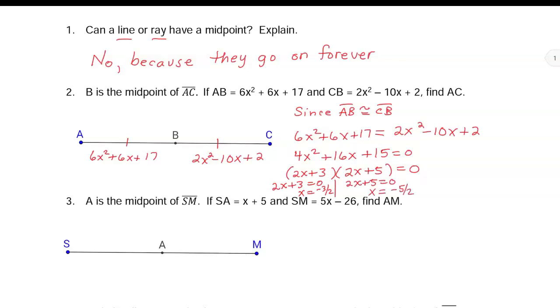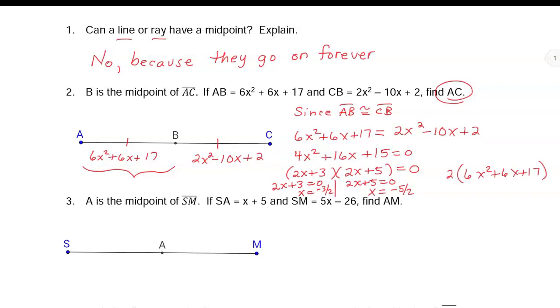And so to find AC, which is the entire segment, I need to take one of the halves of AC and multiply it by 2. So if I take 6x squared plus 6x plus 17 and I times it by 2, then I would get the length of AC, or I could just add them together.